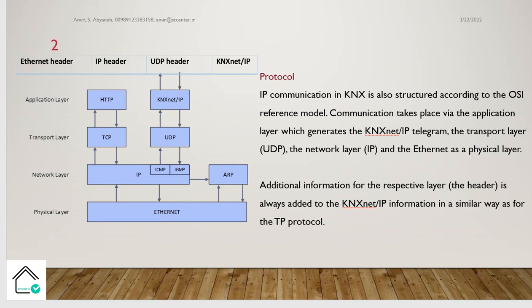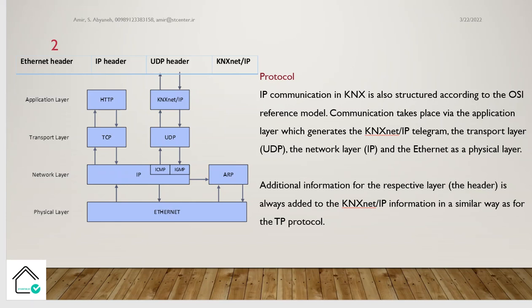First of all, we want to talk about the protocol. IP communication in KNX is also structured according to the OSI reference model. Communication takes place via the application layer here, which generates the KNX net IP telegram, the transport layer UDP, the network layer, and Ethernet as the physical layer.